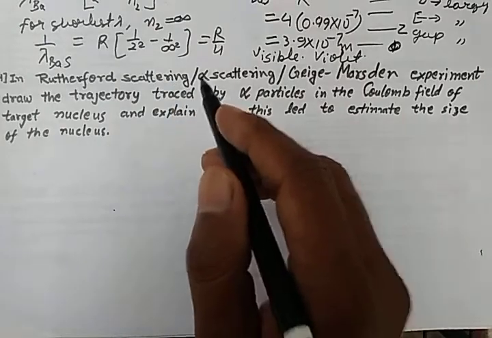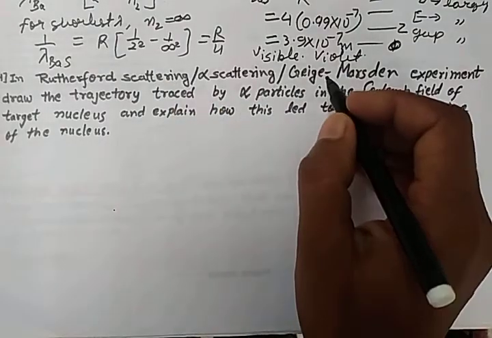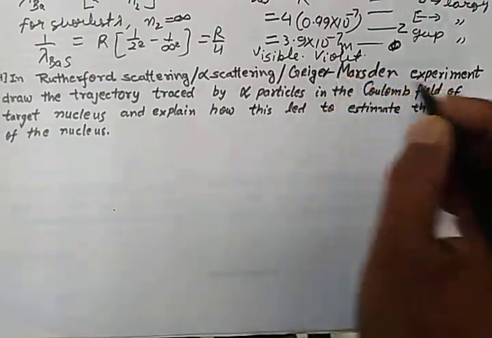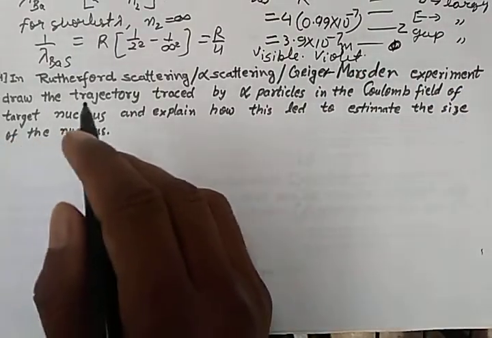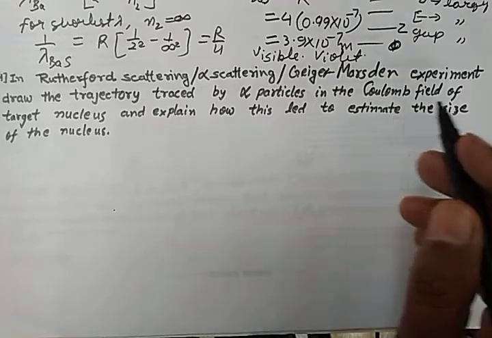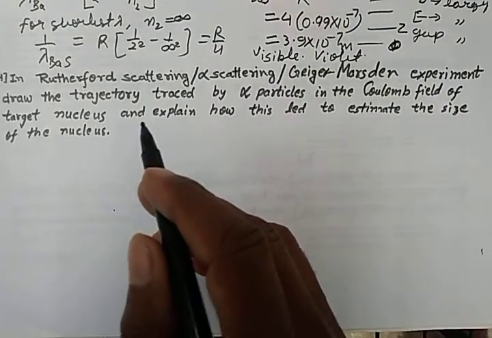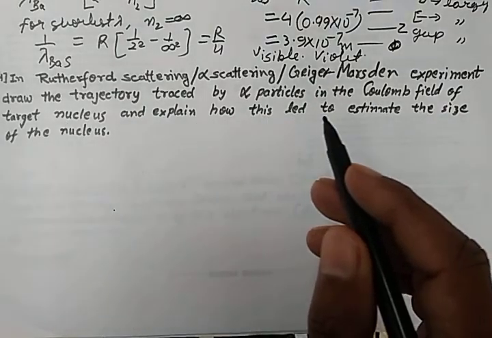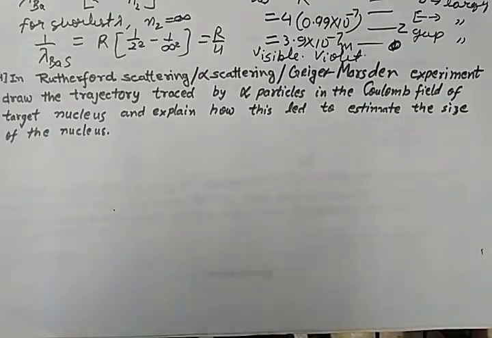Okay, in Rutherford scattering or alpha scattering or Geiger-Marsden experiment, draw the trajectory traced by alpha particle in the Coulomb field of target nucleus. Explain how this led to estimate the size of nucleus.